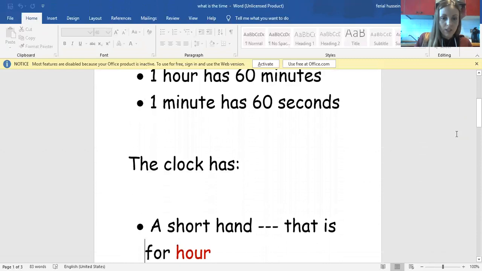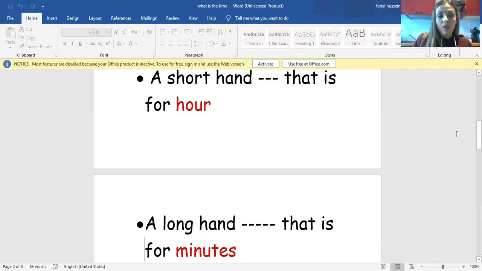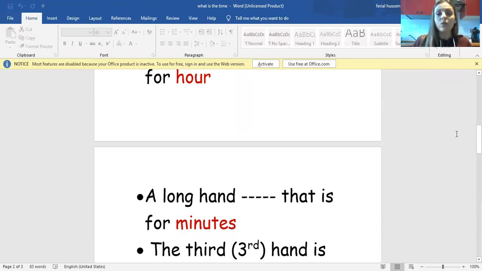Let's go lower. The clock has a short hand. A short hand is when you see the clock and there are two lines, one long and one short. The short hand is for hour, so the short hand tells you the hour. The long hand tells you the minutes.